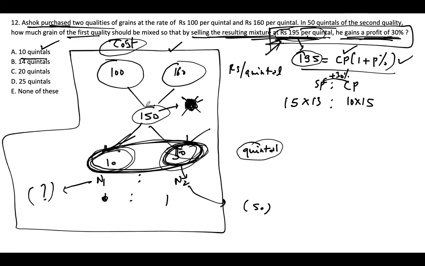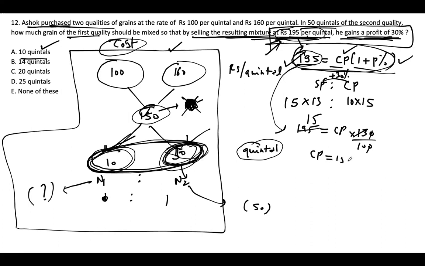So how are you going to find the cost price? Selling price is cost price into 1 plus profit percent. 195 is the selling price, and this is 1 plus 30%, which is 130%, which is nothing but 13 by 10. This is 13 into 15. So cost price comes out to be 150, which I'm writing here.